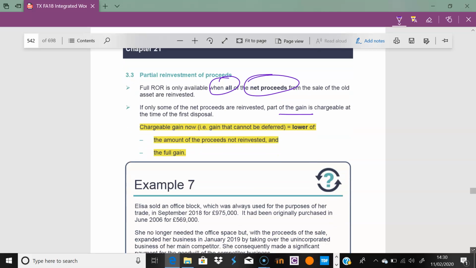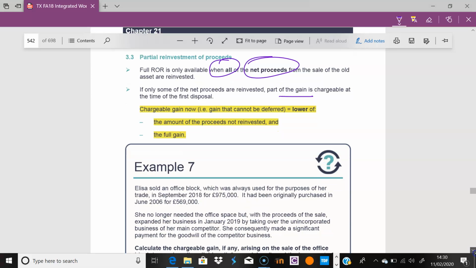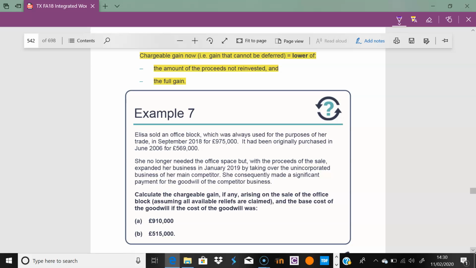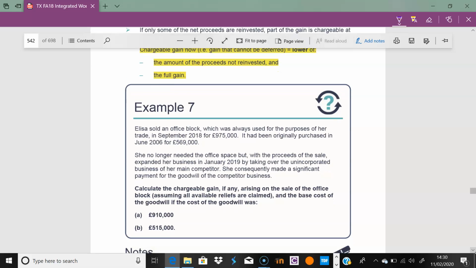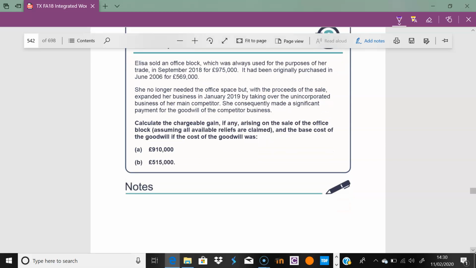So let's see what that means in this question here in example 7. So we have here that Elisa sells an office block which was always used for the purposes of her trade in September for 975.